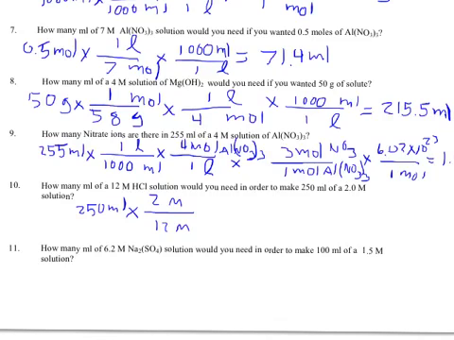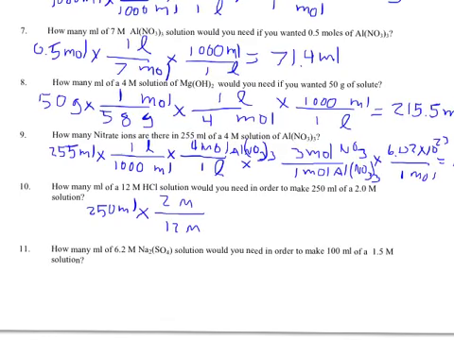What you've got divided by what you want to end up with. And so 250 times 2 divided by 12, I get 41.7 milliliters.